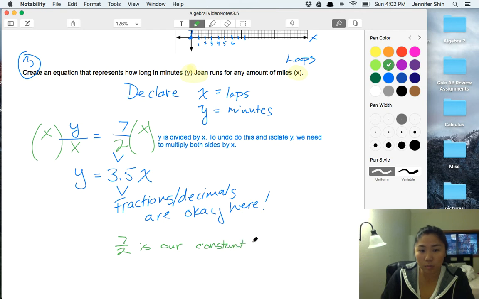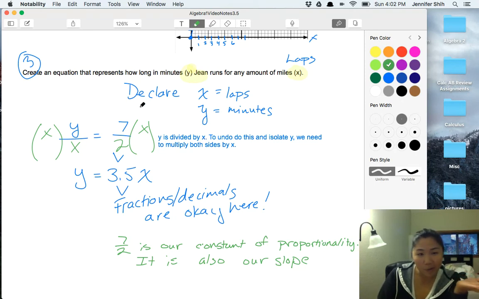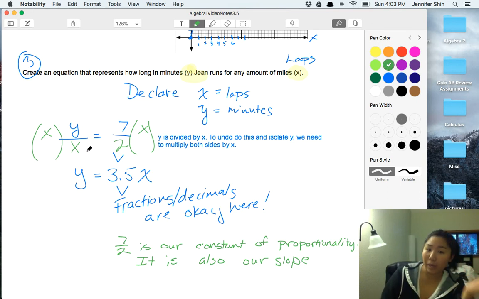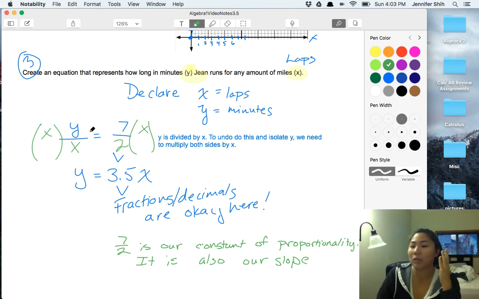It's also our slope. So now what I could do is redo this whole video and say, you have your slope, y/x is equal to your slope, m, and then make an equation from that. It would be the same video, except every time I said 7/2, I would just say the word slope.